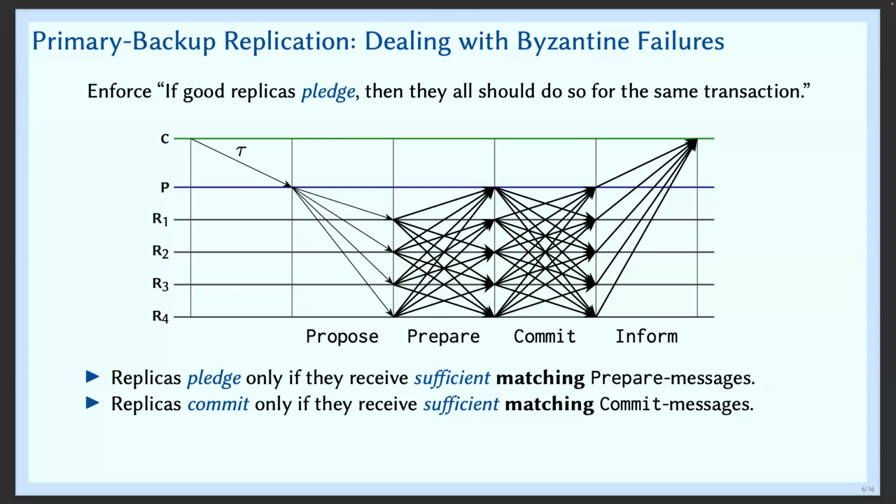And now a primary comes, the next primary. And the next primary forms a core with enough replicas saying that nothing was prepared in round one. So 2f+1 replicas say nothing was prepared in round one.